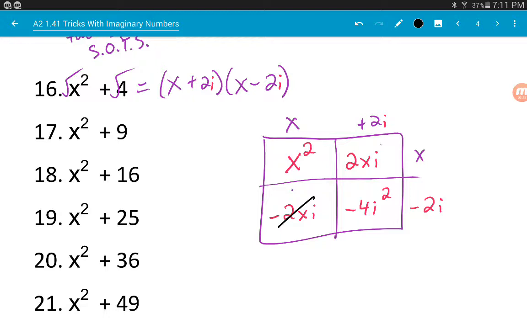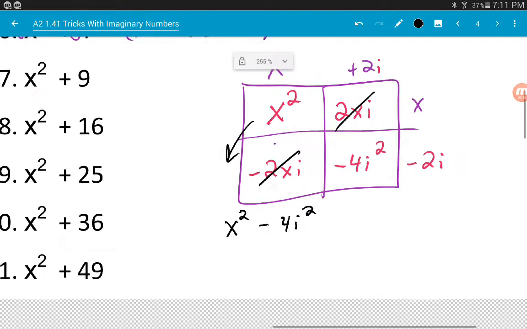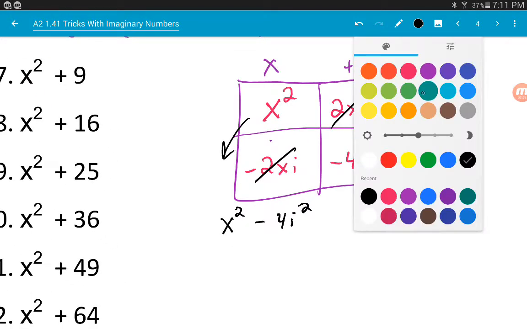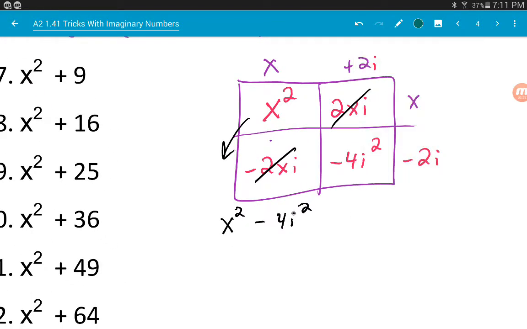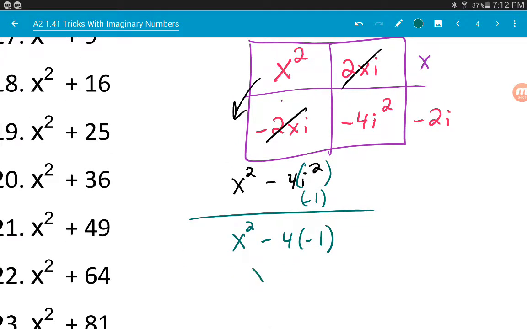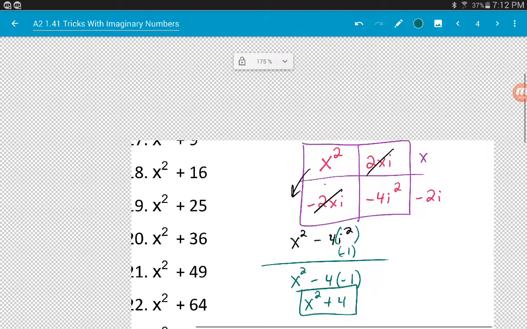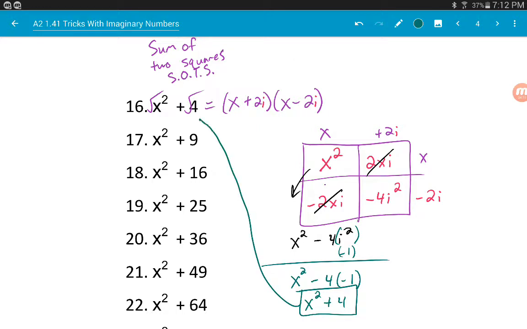And just like before, the diagonals cancel, and what I bring out is x squared minus 4i squared. But if you remember from the previous lesson, i squared is equal to negative 1. So if I rewrite this, it's x squared minus 4 times negative 1, which is x squared plus 4, which is exactly what we were looking for.